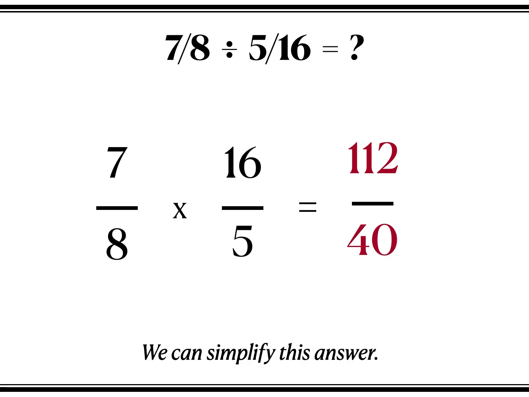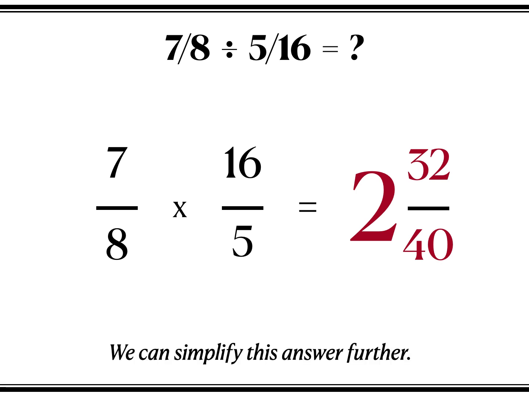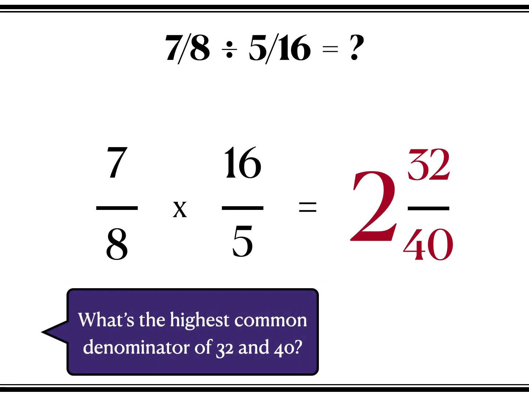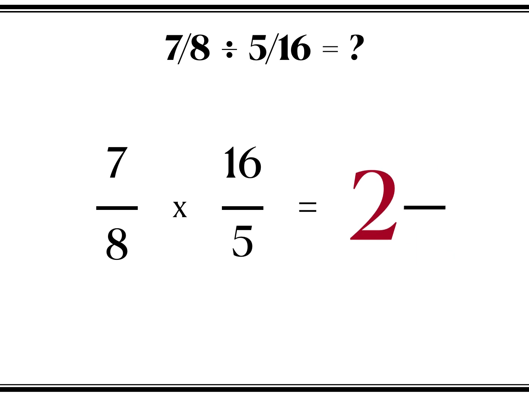We can simplify this answer. And if we simplify it, we're going to get 2 and 32 over 40, we can actually simplify that even further. What's the highest common denominator of 32 and 40? 8. And so if we divide by 8, 2 4/5.